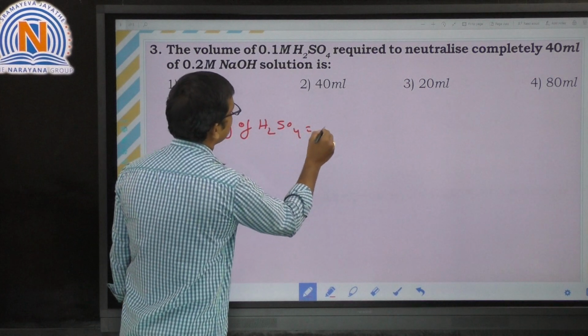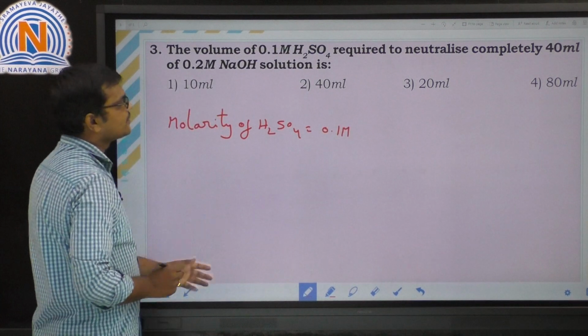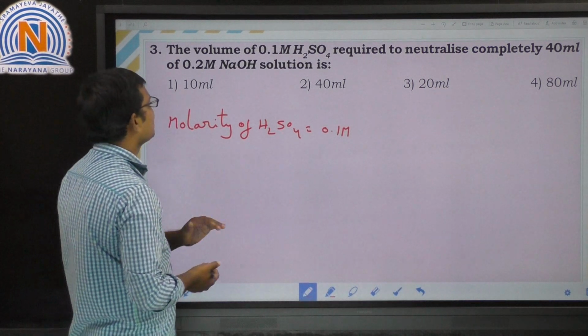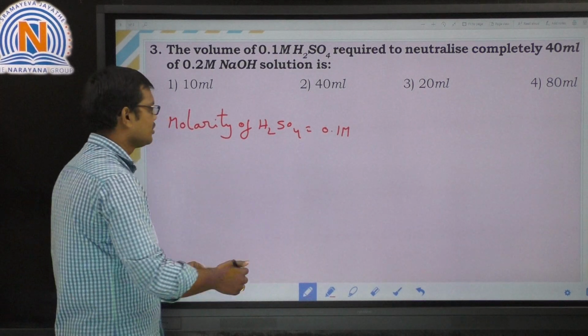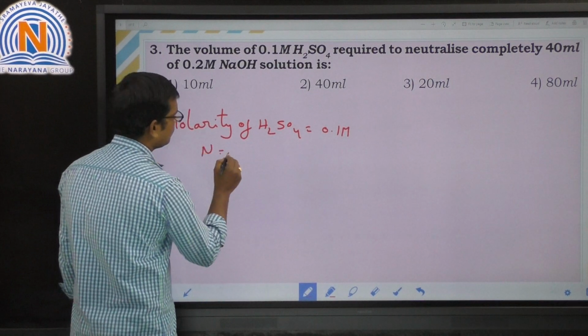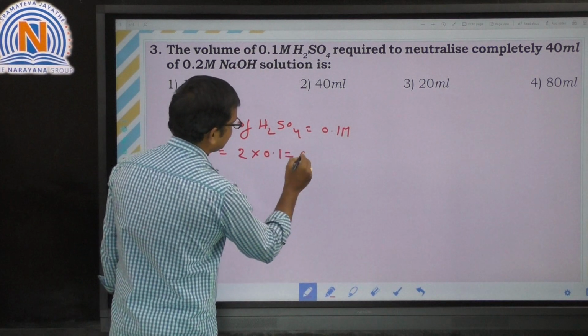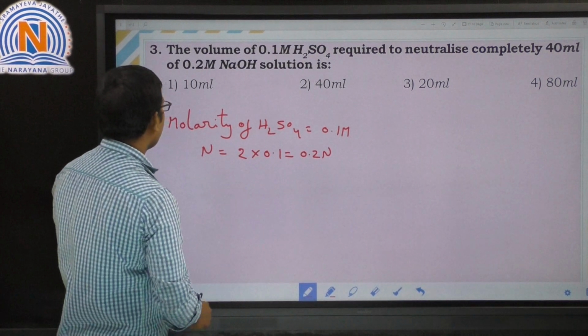How much? 0.1 molar. So how will it be converted into normality? H2SO4 is a dibasic acid, means its basicity is 2. So normality equal to 2 into 0.1, so 0.2 normality.